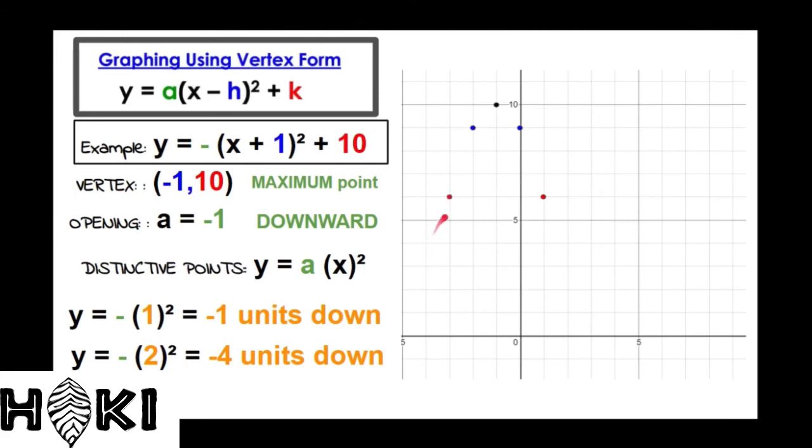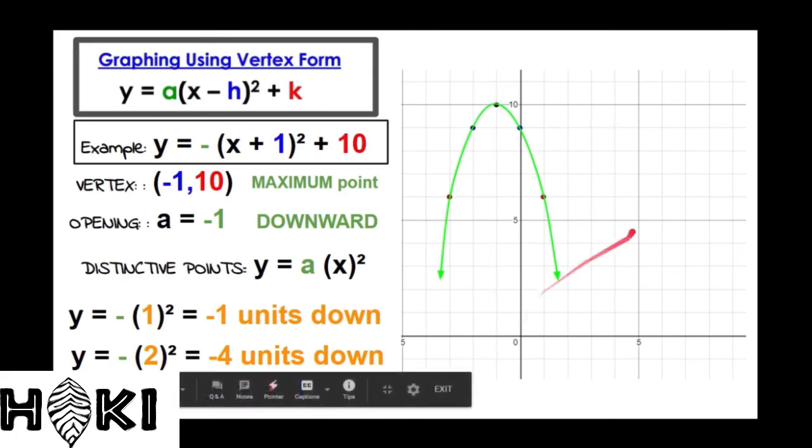And then we're now ready to complete the graph of the parabola. Again, it opens downwards, and your vertex is the maximum point. It's the peak. Okay? When it comes to the axis of symmetry naman, x is equal to h, which is x is equal to -1. It should pass through the vertex and pass through -1.